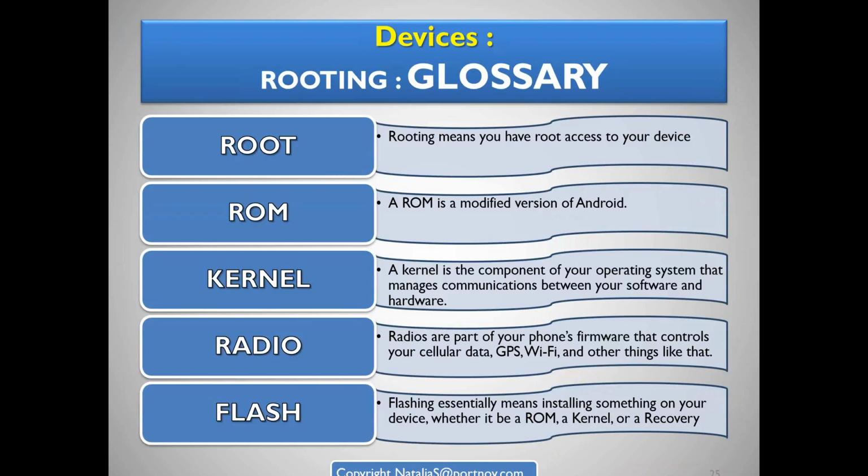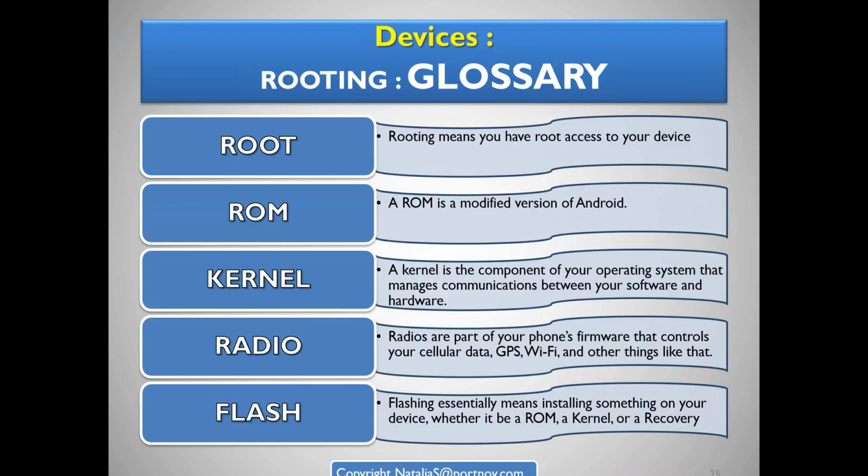It may contain extra features, a different look, speed enhancement, or even a version of Android that hasn't been released for your phone yet. And here comes CyanogenMod, which became LineageOS as of January 2017. We're going to be talking about that.